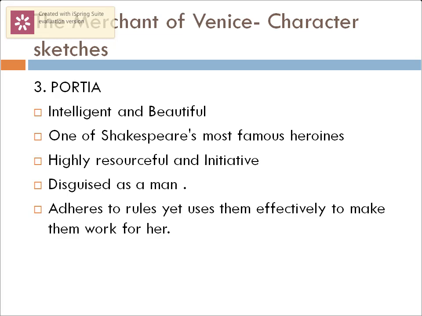She seems to be very resourceful, and she takes initiative in rescuing Antonio, where she disguises herself as a man and comes to the court as a young lawyer, and she seems to be very acquainted with the law of Venice. She adheres to the rules set by her father and also the law of Venice, but then she also uses them effectively to make them work for her. So that shows her to be a very resourceful woman.